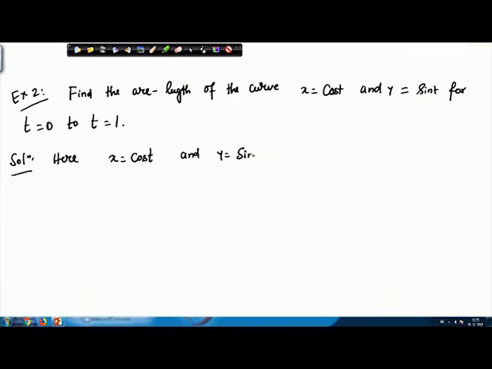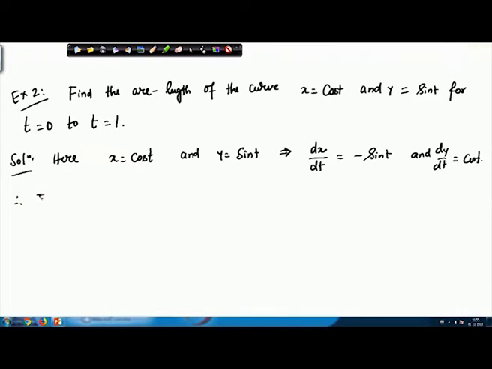From here we can very easily calculate dx/dt, which is minus sin t, and dy/dt would be simply cos t. Now we are supposed to calculate the arc length.